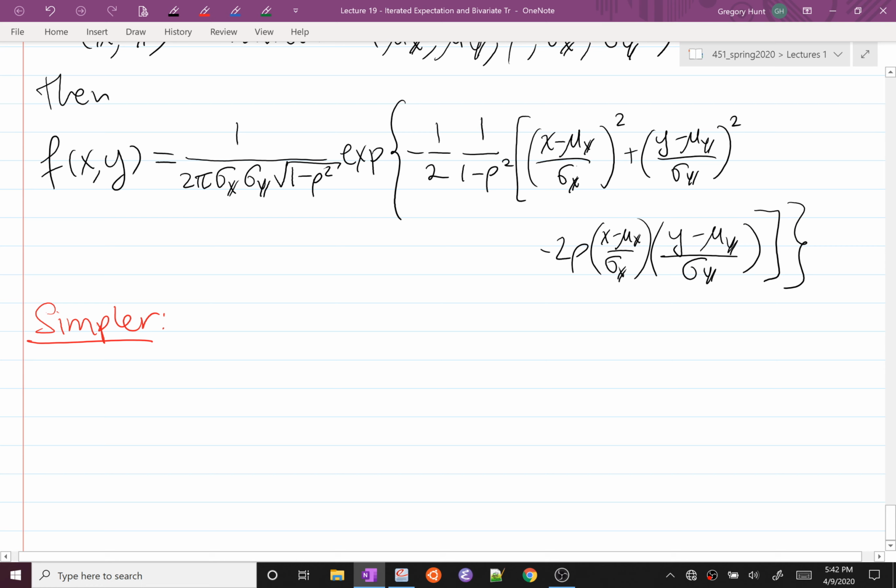But since that's a required course for this one, we have a much simpler way of writing it, and it will generalize better when we talk about the multivariate normal in a couple lectures. In that case, mu is my mean vector, and capital sigma is my covariance matrix.